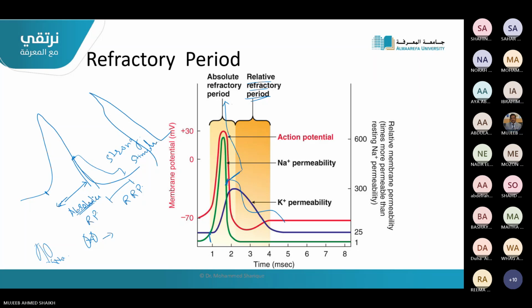But in the relative refractory period, maybe out of 100 closed channels, 10 will start to open again. So a second action potential can be produced here. That's why there is a relative refractory period.